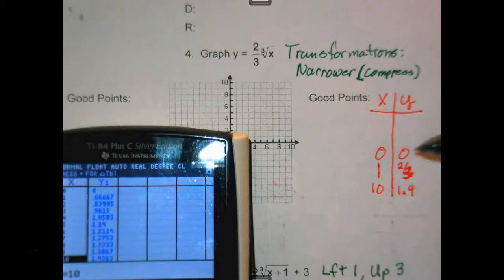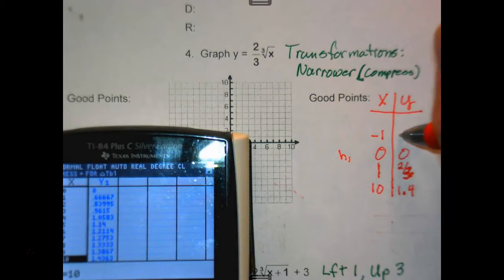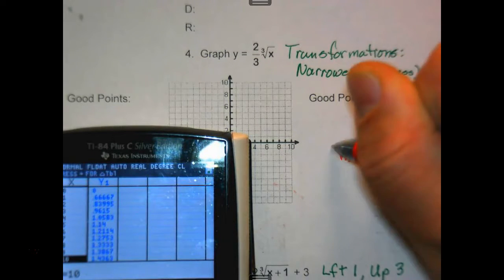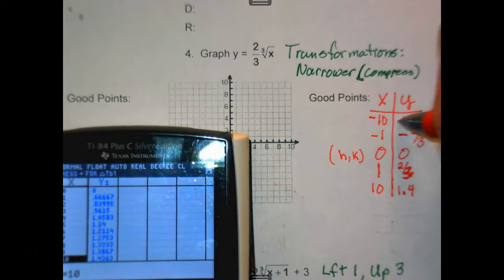Now, the negative side, what do you think is going to happen here since I have 0, 0 for my HK? Yeah, -1 and -2/3. Good. And then I'm going to have -10 and -1.4.